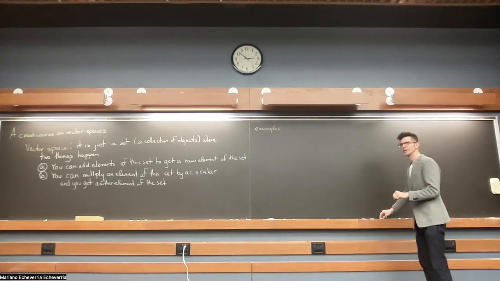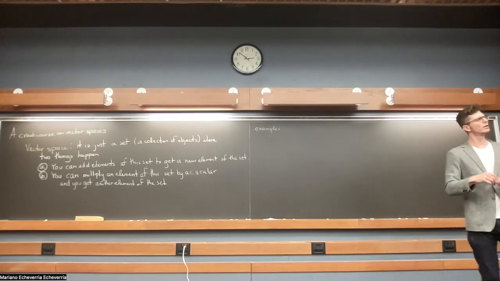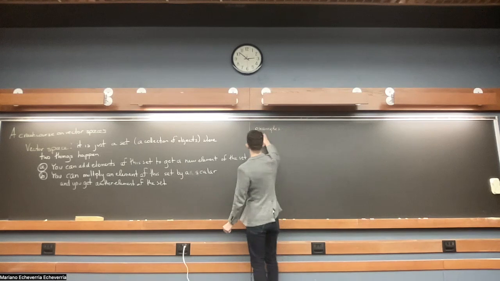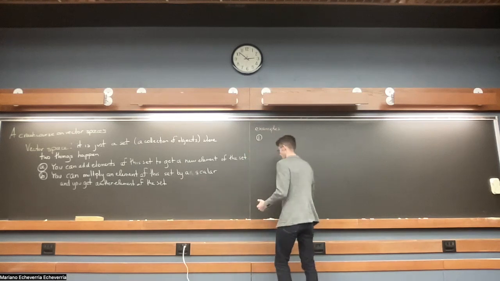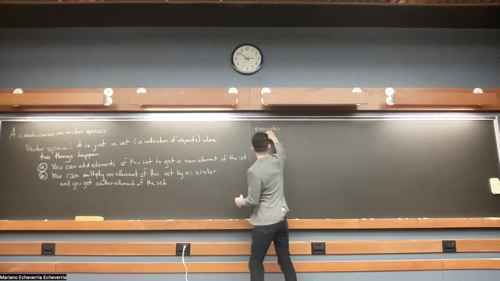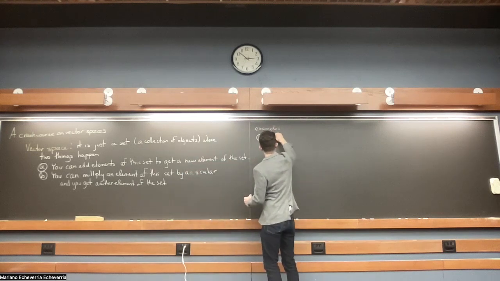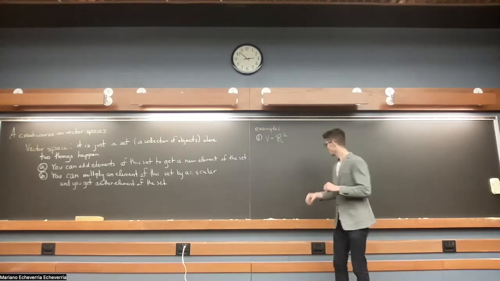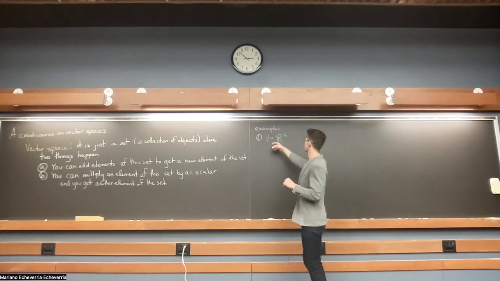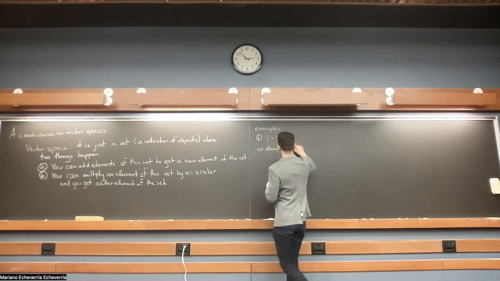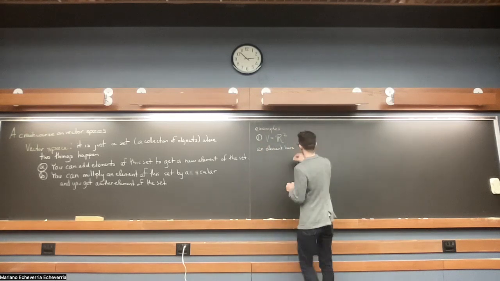So the first one is just the one that we have been using a lot, which is the Cartesian plane. This is called R2. I don't know if I have used that notation before, but what I mean by this is that an element here is just an ordered pair.